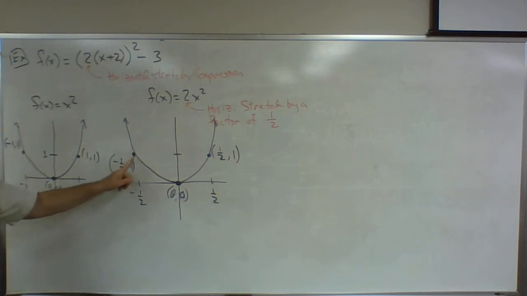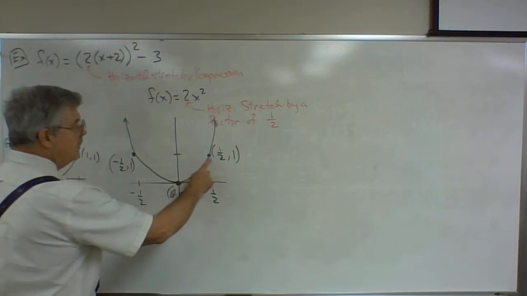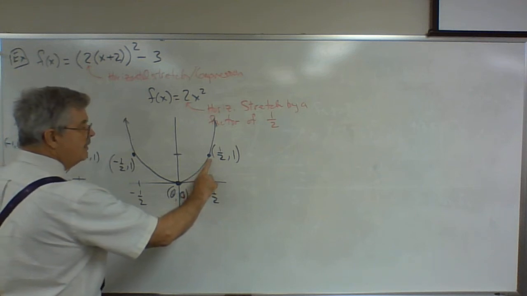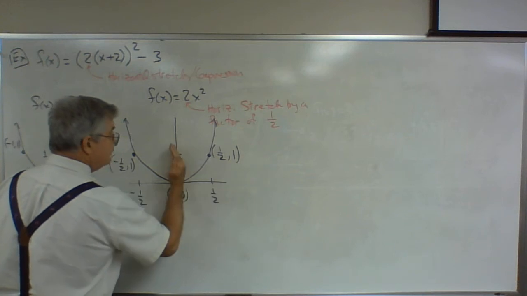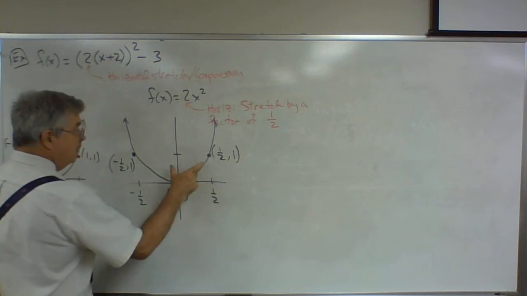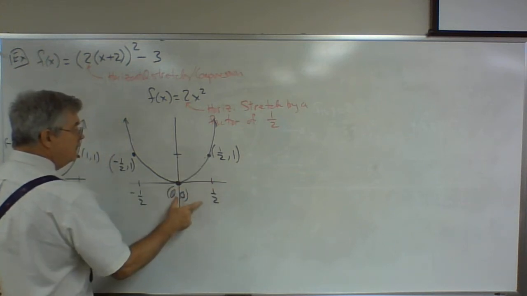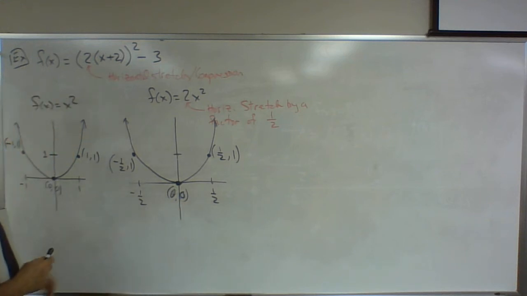The corresponding point on the new graph has x coordinate -1/2. It's been pushed toward the origin. This point on the original has x coordinate of 1. The corresponding point on the new graph has x coordinate 1/2. This point has been pushed toward the origin. It's only 1/2 of a unit away from the y-axis now.